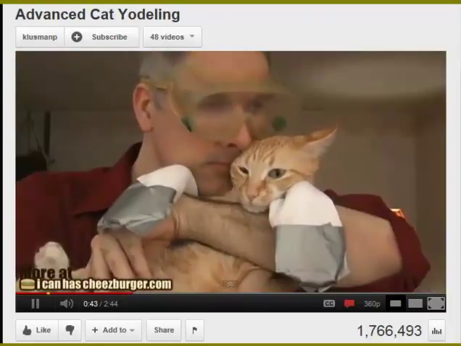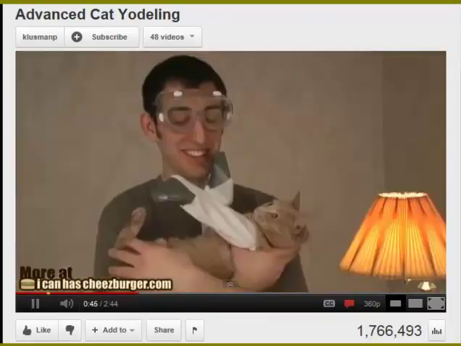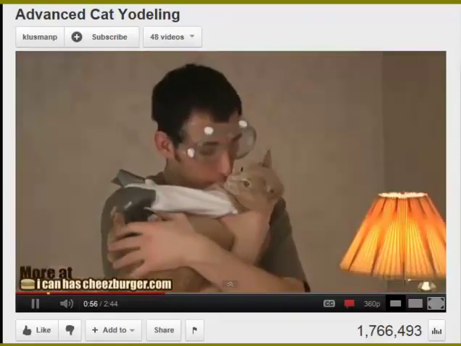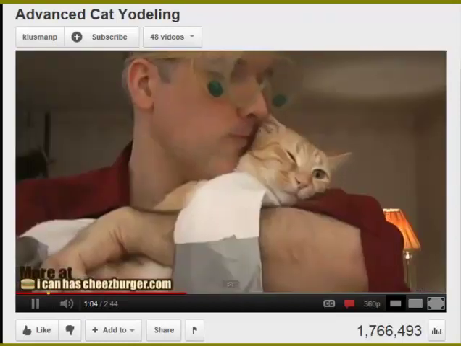The first phase of cat yodeling is the annoying phase. This involves simply cradling the cat in a loving manner for a short amount of time. Other methods for increasing the annoyance of the cat include something called the semi-automatic kissing machine, and also a technique for cross-species sensitivity training called the overly friendly sniffing dog simulator.